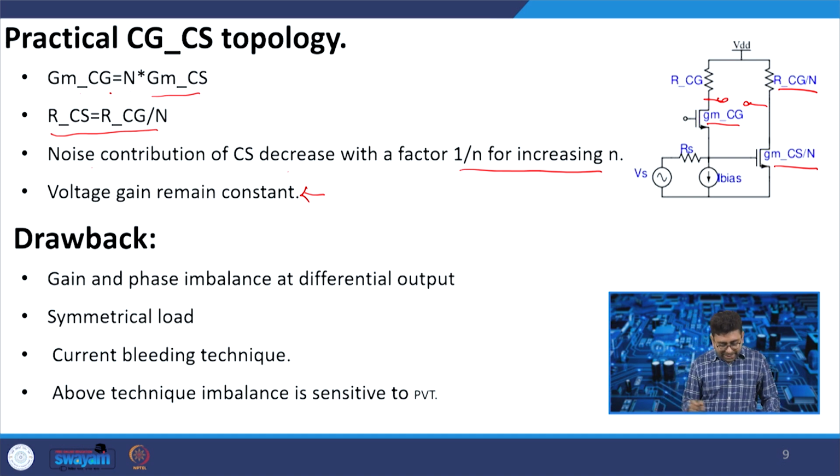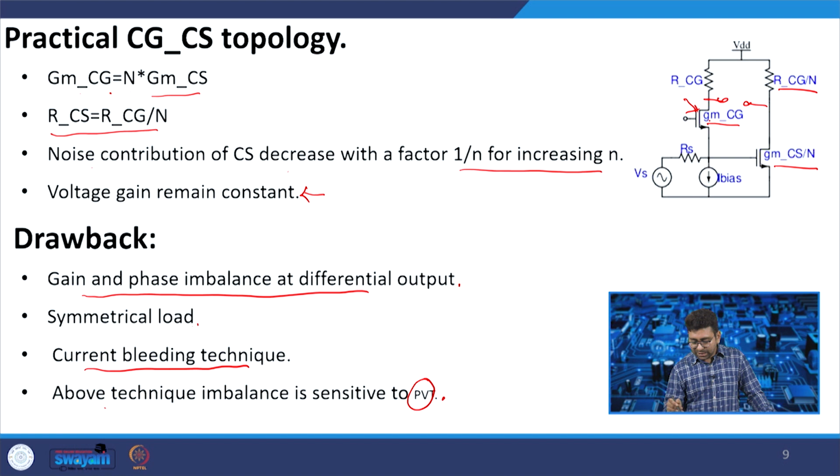What is the drawback? Gain and phase imbalance at the differential output. It does not have a symmetrical load, and the imbalance is sensitive to PVT, because the GM of this is different than the GM of this.